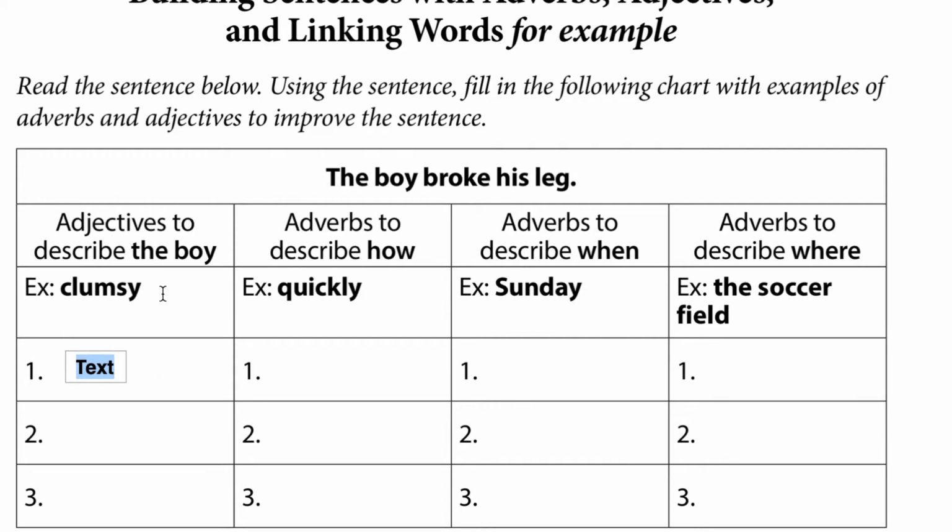So an adjective for the boy that they already wrote down was clumsy. So we could say the clumsy boy, but we need to think of 3 more things. I could say the energetic boy broke his leg. I could say, let's see, what else?